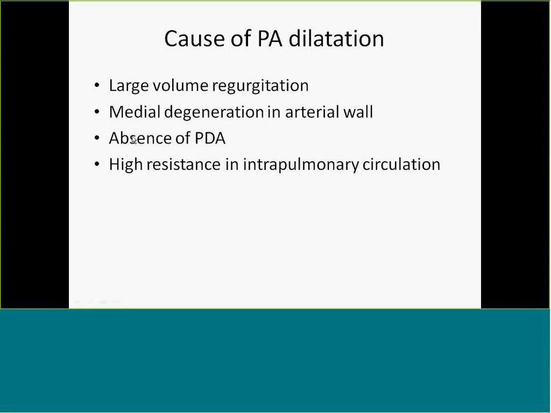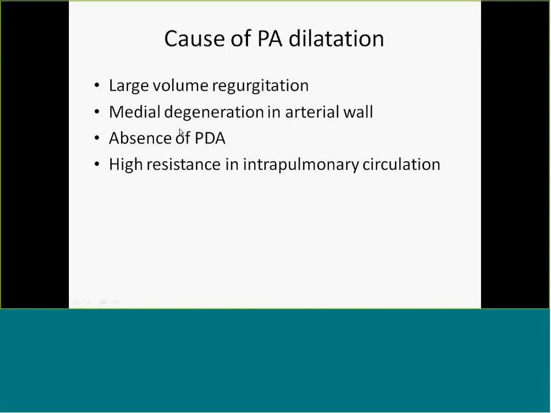So the major cause of PA dilatation may be the absence of the PDA rather than the other way around. Of course, the resistance in the pulmonary circulation is always high in the fetus and neonatal life. So all contribute to the dilatation of the PA. Particularly in intrauterine life, the ductus arteriosus may be an important factor.